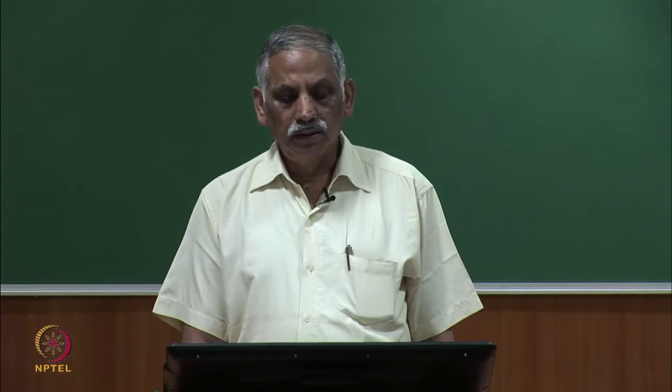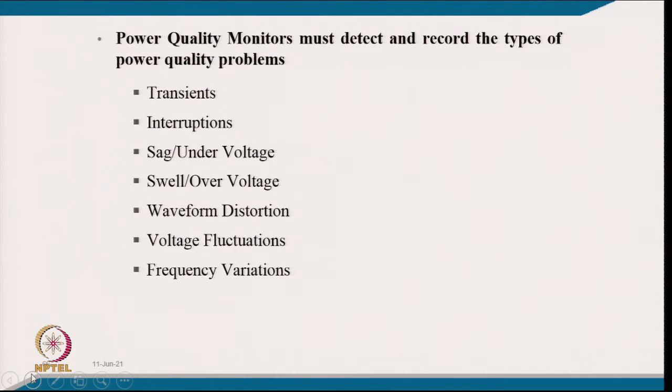The power quality monitors must detect and record the types of power quality problems, like the transients we discussed last time, interruption, voltage sag, or undervoltage.